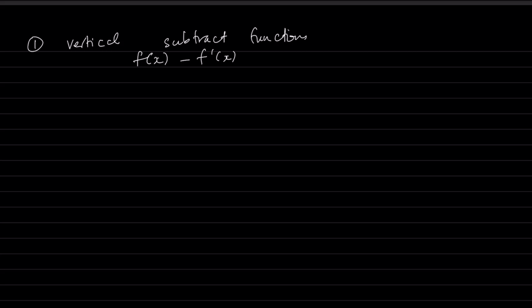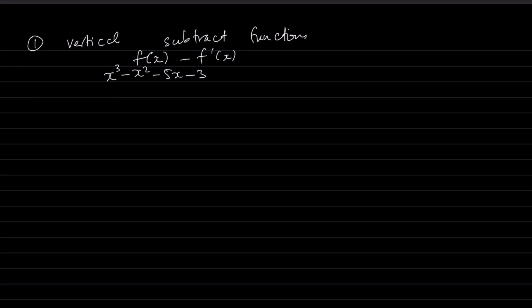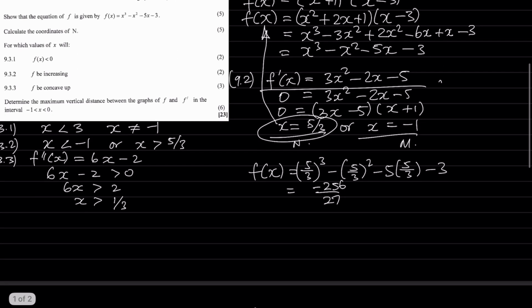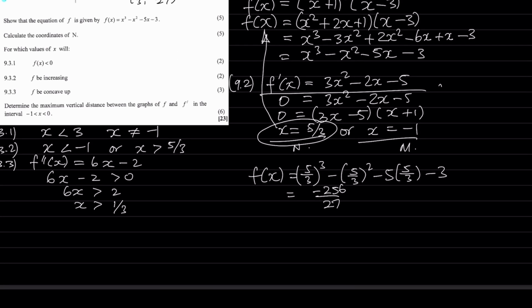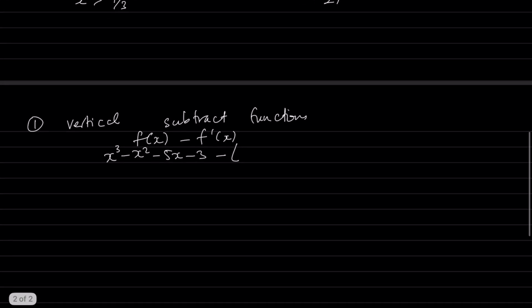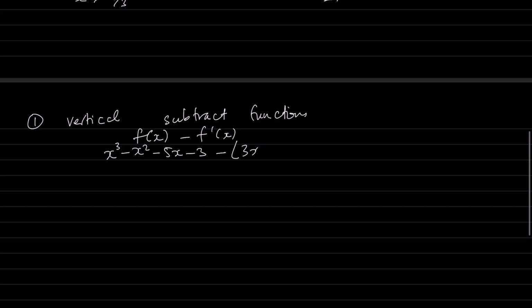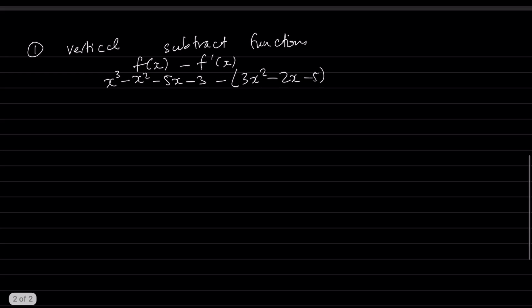So f of x is, let's just go back and check. x to the power of 3 minus x squared minus 5x minus 3. Then minus the derivative, which is 3x squared minus 2x minus 5. Let's simplify.